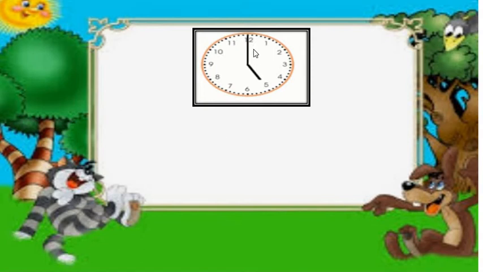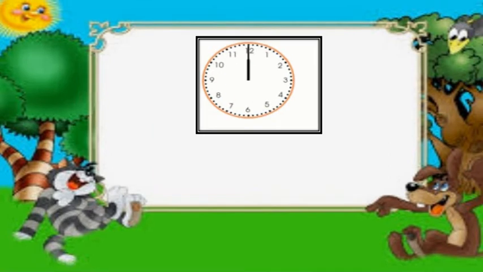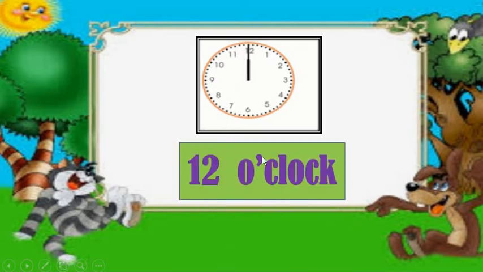The short hand is at 5, long hand is at 12, which means it is 5 o'clock. The short hand and long hand both are at 12. The time is 12 o'clock.